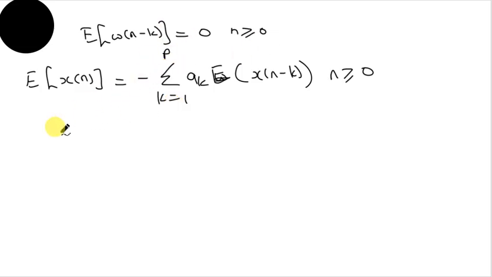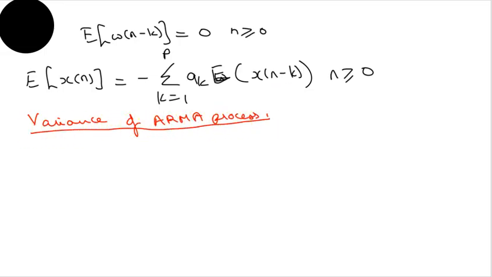Next, we need to find the variance of the ARMA process. So the variance is now given by sigma squared of n.